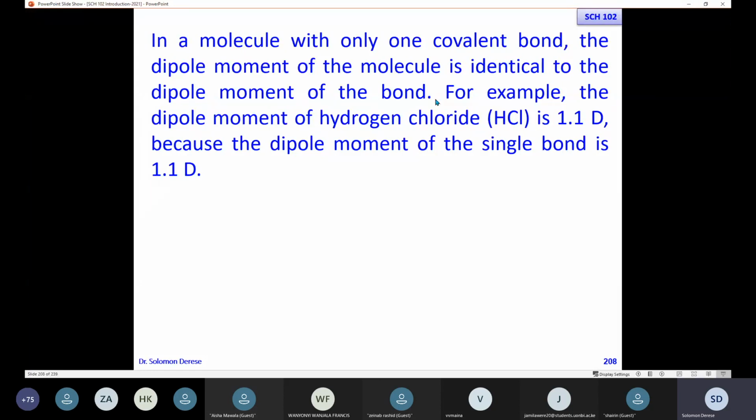In a molecule with only 1 covalent bond, the dipole moment of the molecule is the same as the dipole moment of the bond.